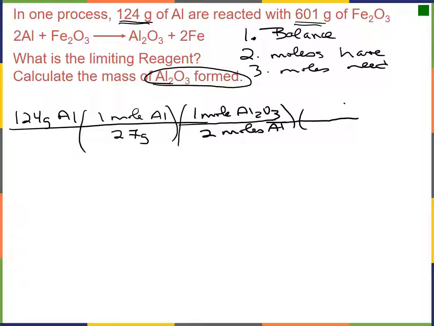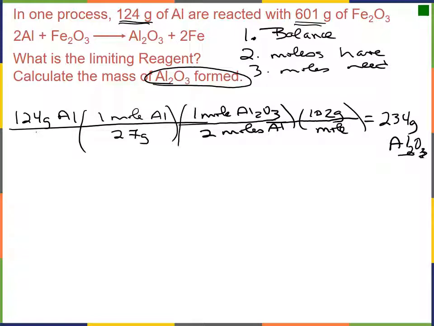And if we continue this, we can find the molar mass of aluminum oxide. Aluminum oxide weighs 102 grams per mole, and that is going to give us a total of 234 grams of aluminum oxide. That's the yield of aluminum oxide starting with aluminum.